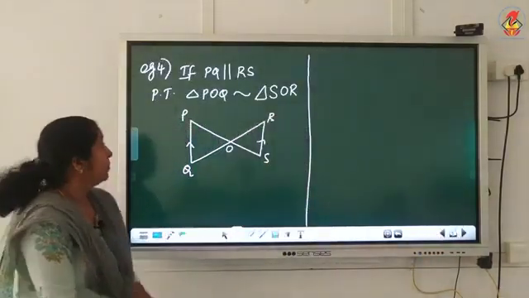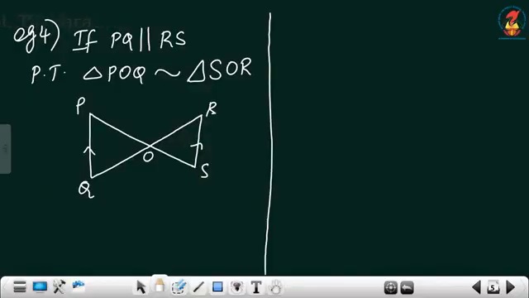So example 4, if PQ is parallel to RS, prove that triangle POQ is similar to triangle SOR. So we have to write what is given. Given is PQ parallel to RS. First we are going to check whether it is possible to apply AA criterion. See, both these lines are parallel.